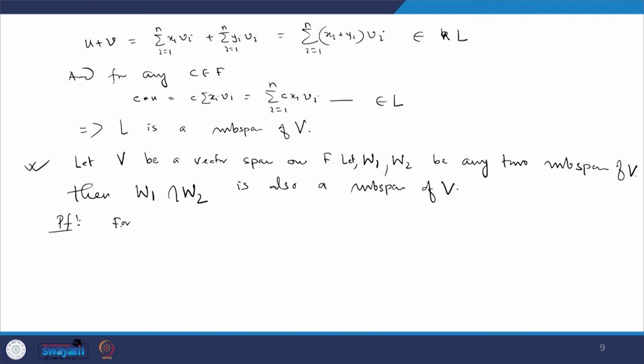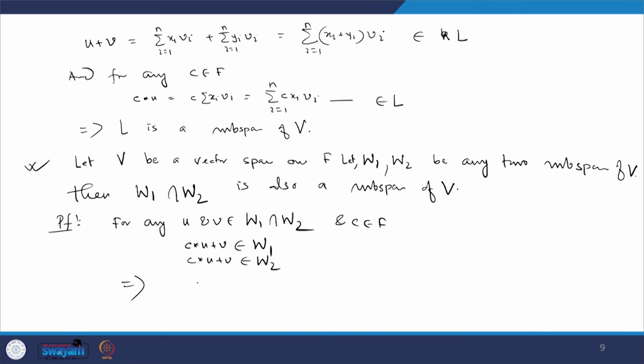Since W1 and W2 are both subspaces of the vector space V, for any u and v belonging to W1 intersection W2 and c belonging to capital F, c star u plus v belongs to W1 and c star u plus v also belongs to W2.